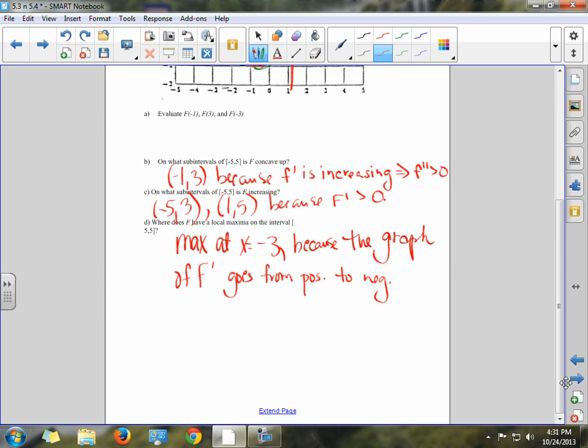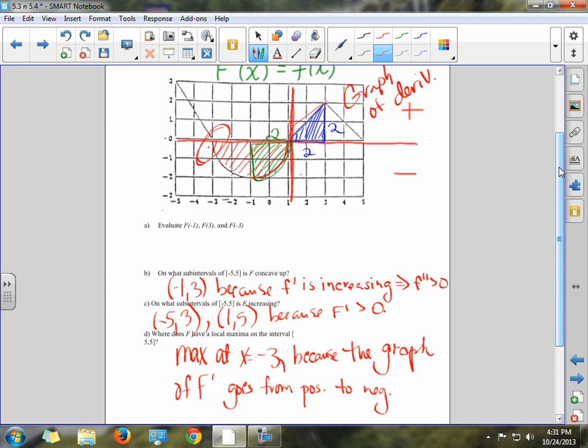So these are some really nice applications of the fundamental theorem of calculus, giving this graph of the original function and looking at the antiderivative.